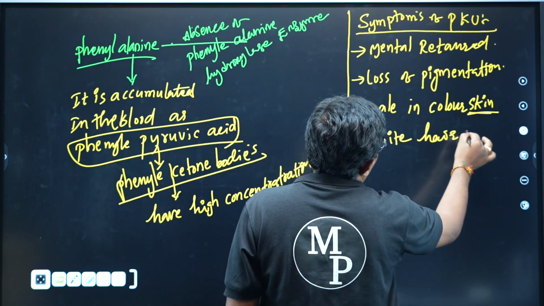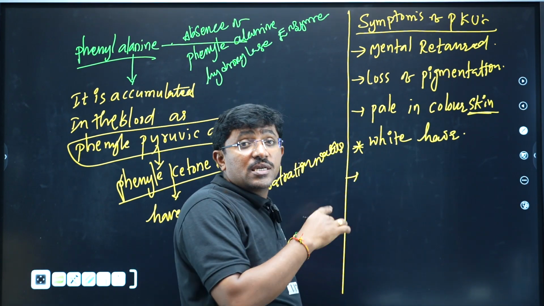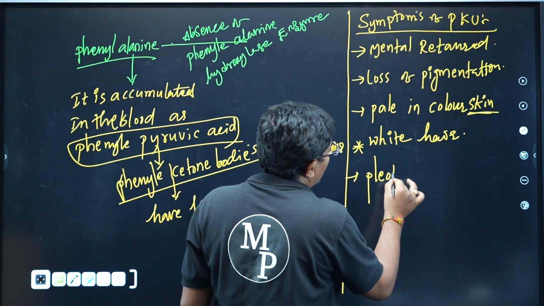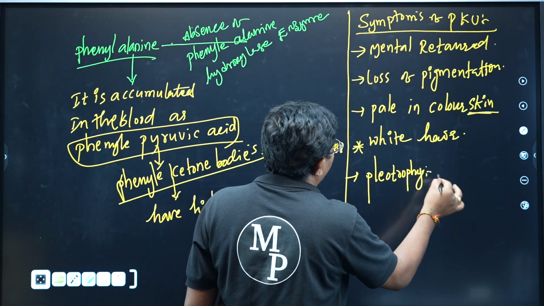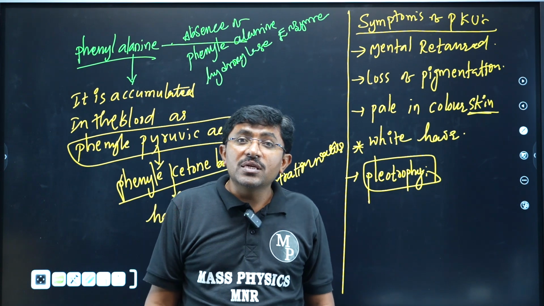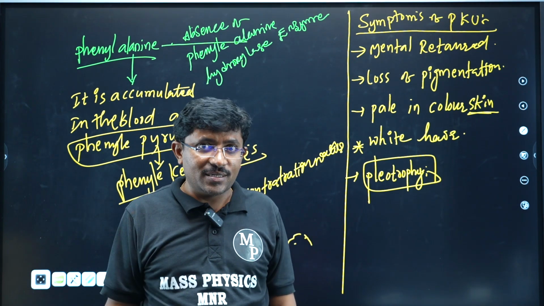Actually, this gene is responsible for pleiotropy. It means one gene can express more than one phenotypic character.